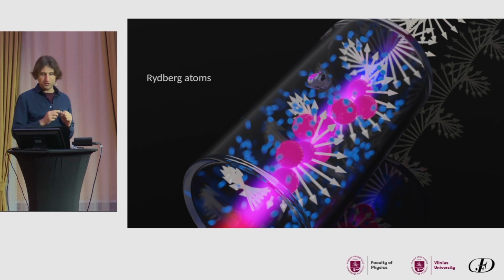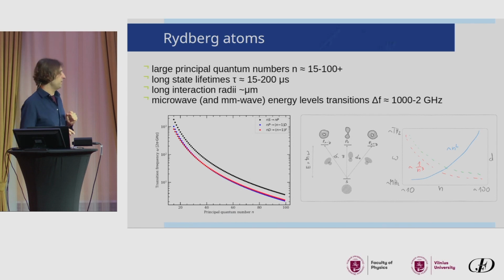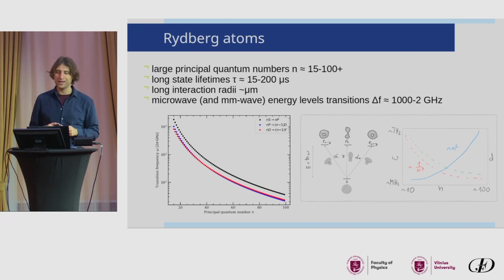And what do we want to use them for? So the Rydberg states have a broad collection of transitions between states, let's say, for example, like nS and nP, or nP to (n-1)D, nD to (n-1)F, and they form very nice branches of transitions that quite densely cover the very interesting range of frequencies from the single gigahertz range up to several terahertz range.